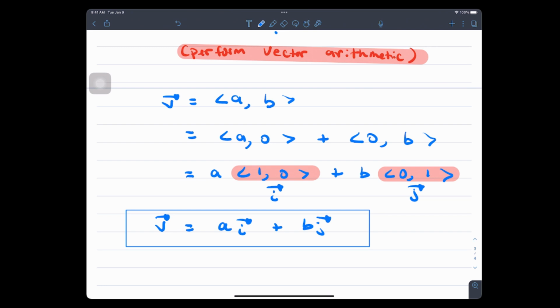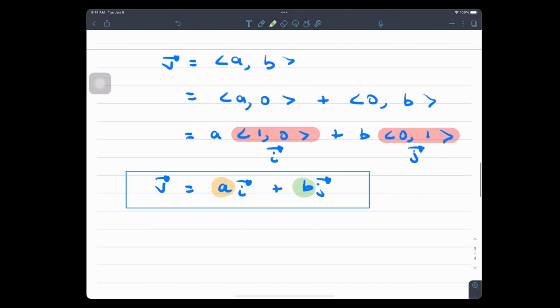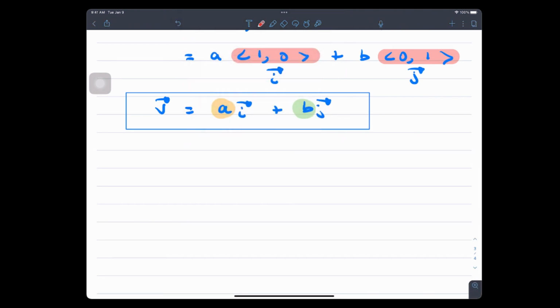Okay, so notice the components here, right? A and B, those are the components. What was A? Don't forget, A is called the horizontal component. B is your what? Vertical component.